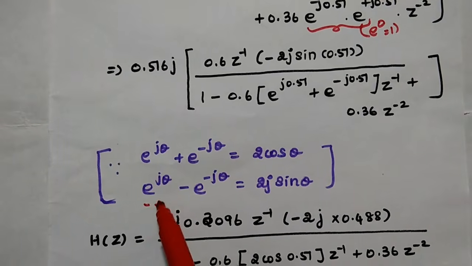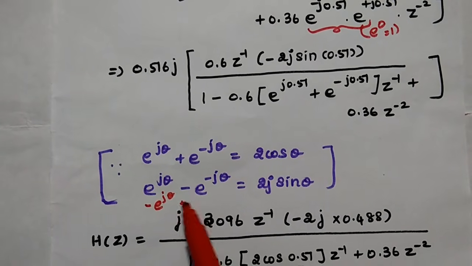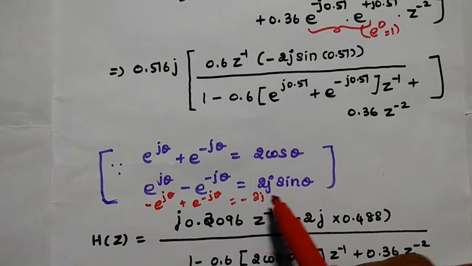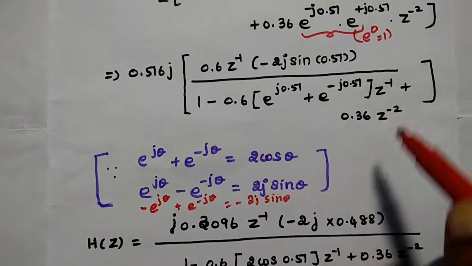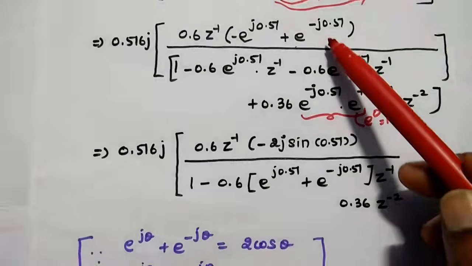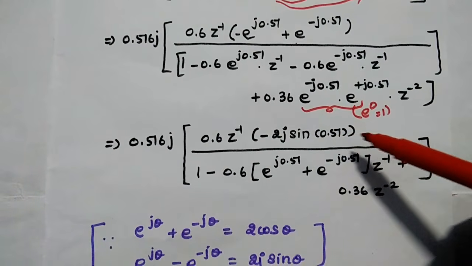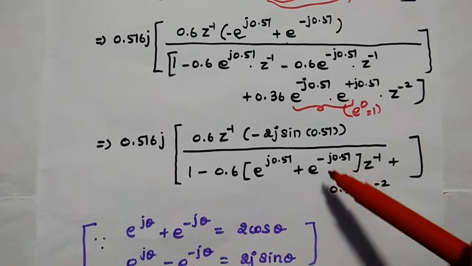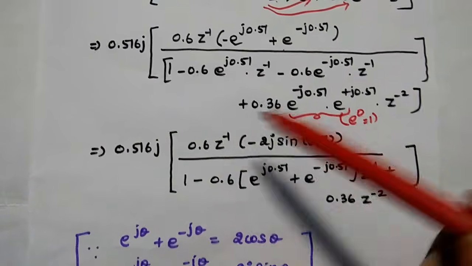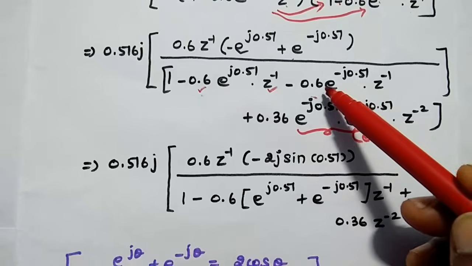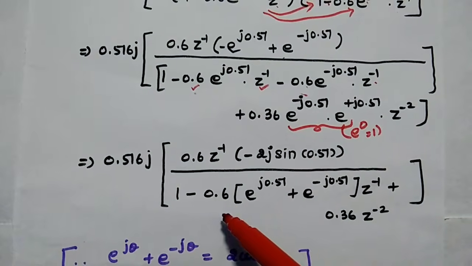Suppose we have minus e power j theta plus e power minus j theta, then that is minus 2j sine theta. So here this numerator can be written as minus 2j sine 0.51, and then the denominator, there are these two terms. For these two terms, 0.6 z power minus 1 is common. So we can take it outside.